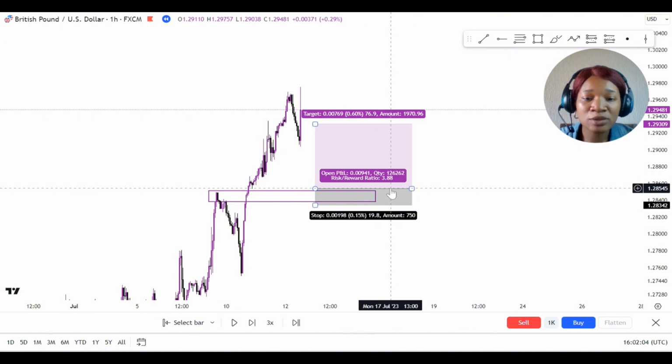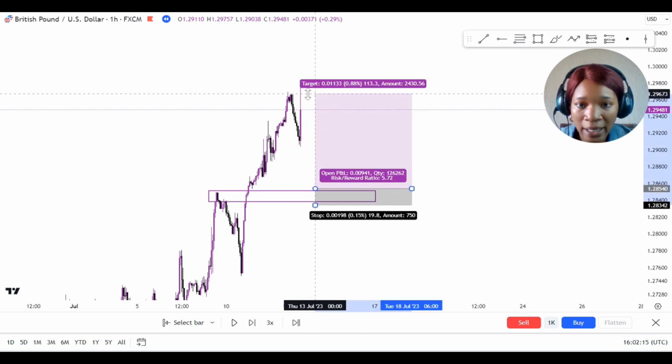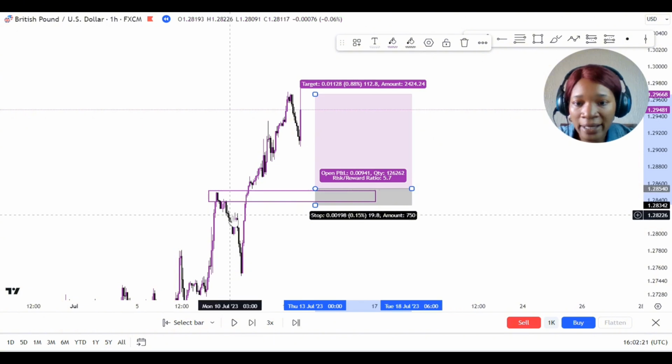If you just lay your cursor on the long position tool, I'm only telling my broker, hey, look at this. If price comes here, okay, let me take this back a bit.